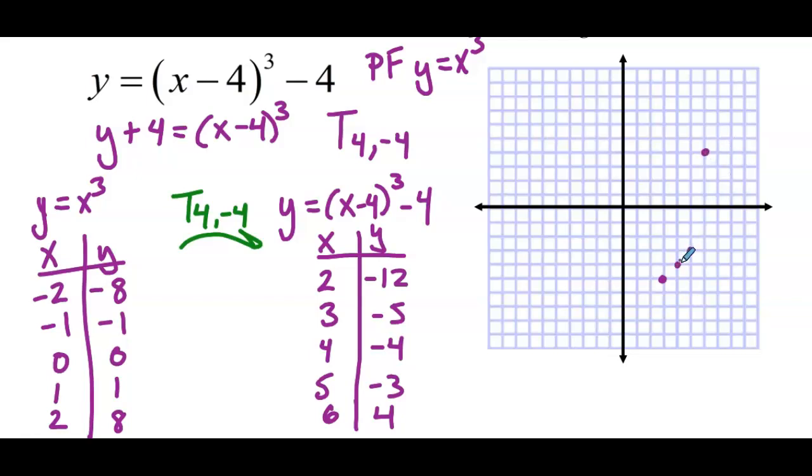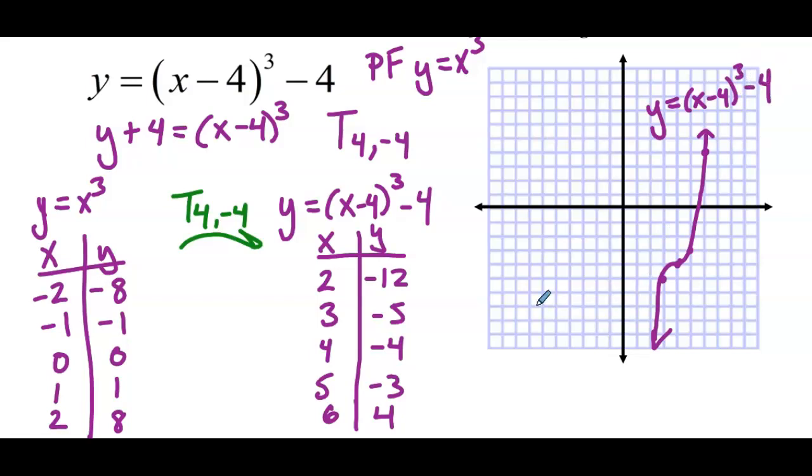Okay, so that point at 4, -4, that's the middle, so I'll start there. So we kind of go a little flat, and then through those points, and then down. So that's going to be y equals the quantity x minus 4 cubed minus 4.